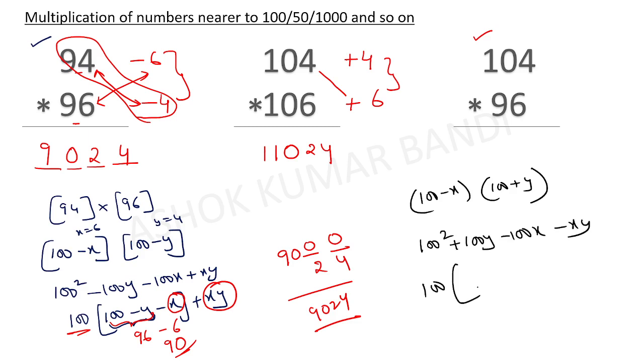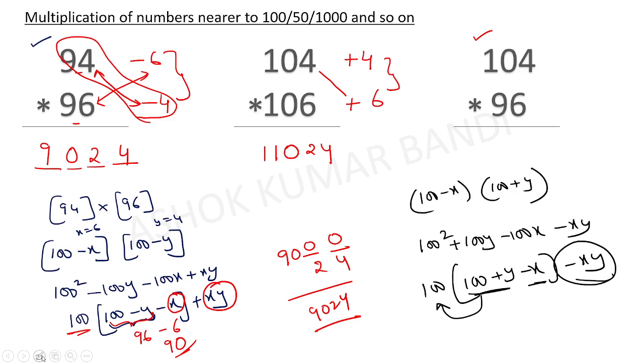If you take 100 common, this is going to be 100 times (100 plus y minus x) minus xy. In this case, this is one of our numbers and this is the extra part. That means the first step is the same. But here, after multiplying with 100, you need to subtract the extra part product. That's what we are going to do now. Let us see that one.